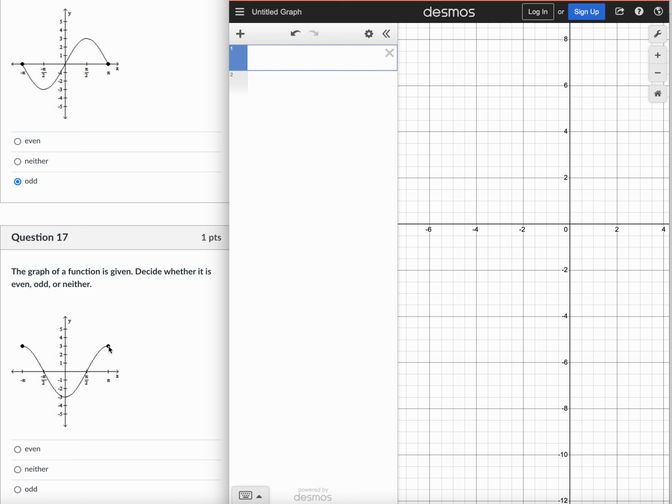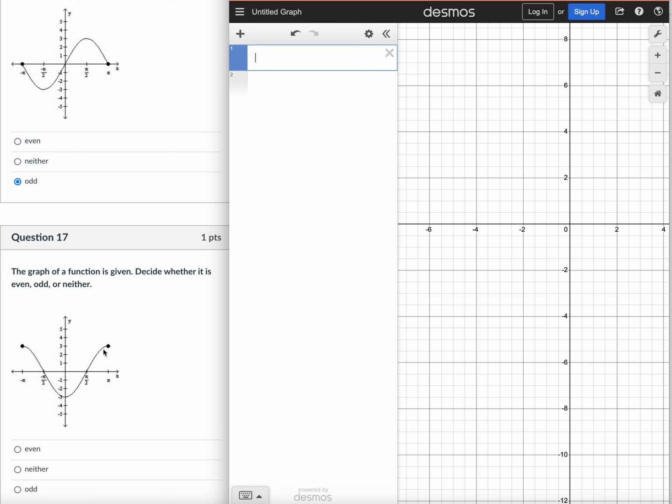So you see this point is outside, then this point might be inside the mirror if the y-axis is a mirror. So is this point. Here is pi over 2, and here is negative pi over 2. So this graph is symmetric with respect to the y-axis.